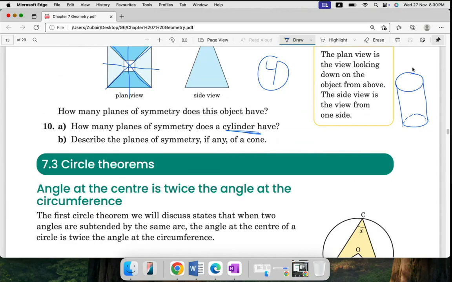So doesn't it have 2 sides? 2 planes of symmetry. This is more than 2.